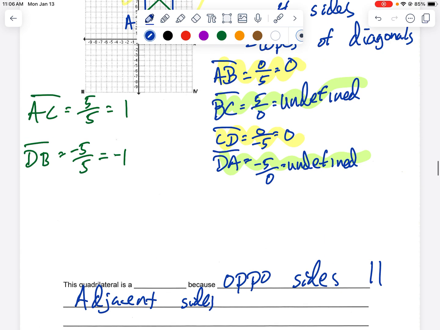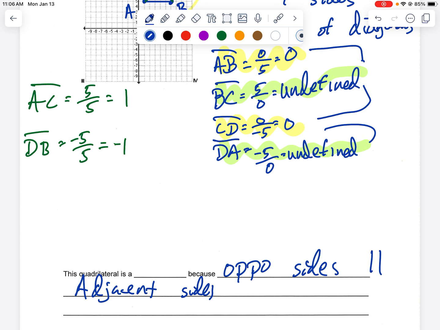So our sides that are right next to each other, if I'm comparing these two, and then these two, those have opposite reciprocal slopes, so those are perpendicular. Remember, opposite reciprocal is like 3/4 compared to -4/3.